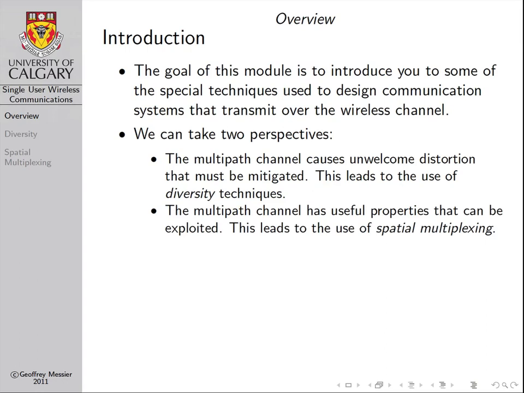The second perspective is that the wireless channel, the multipath channel, actually has some useful properties that we can exploit. So we can use some of the wireless channel properties to our advantage. This leads us to the use of what's known as spatial multiplexing. And as we will see, we're going to use the properties of the wireless channel to actually increase the throughput of our wireless communication system.